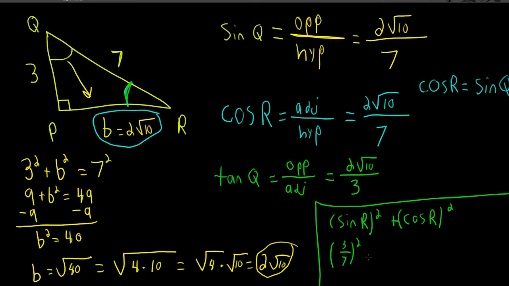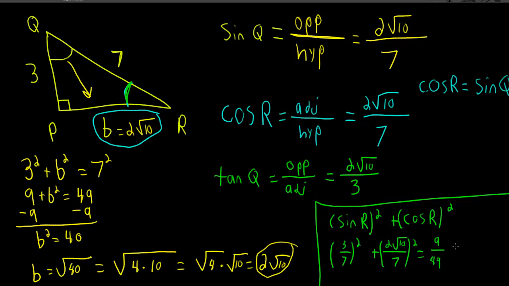So we have 3 over 7 squared plus the cosine of R, which we already know is 2 square root of 10 over 7, and all that's squared. So what are these two things equal to? Well, let's start with 3 over 7 squared. This is real simple. You just square the numerator, so it's 3 squared, that's 9. The bottom, 49, because it's 7 squared.